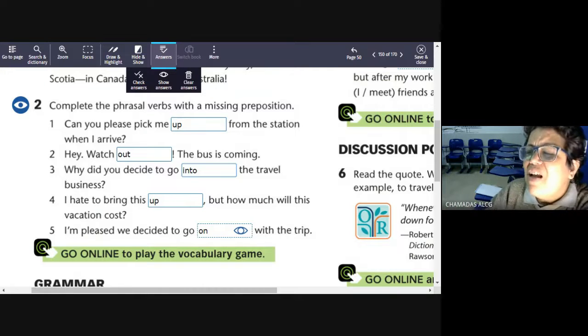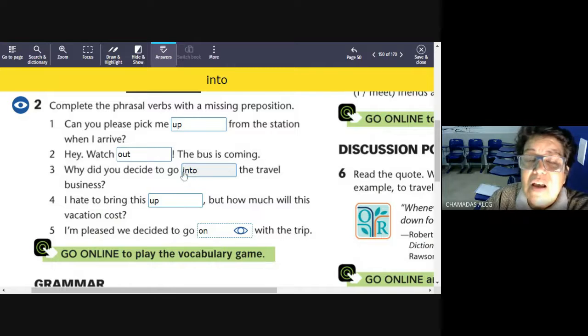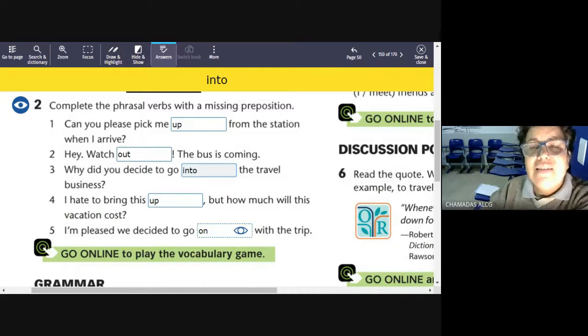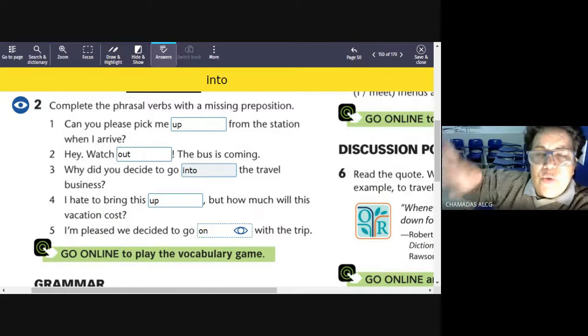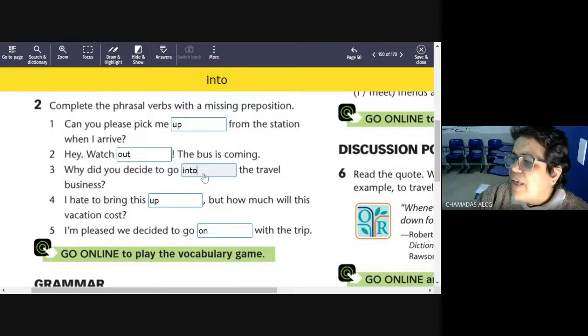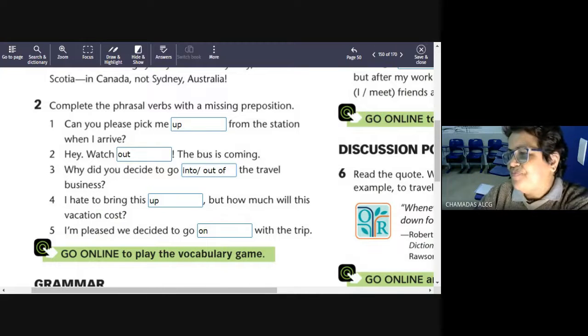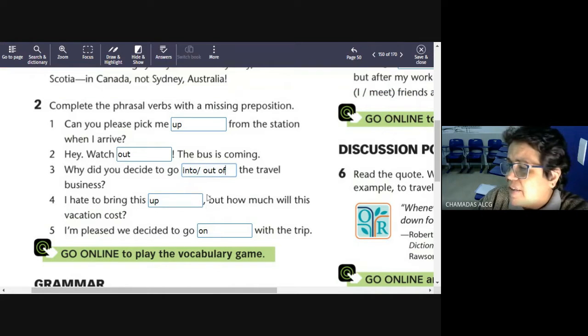So you can say, why did you decide to go out of the travel business? So both answers are correct. I can say go into when you enter the travel business. Go out of is the opposite, when you leave, okay? So in this number here, we can consider into or out of. Okay, guys, both answers are correct.